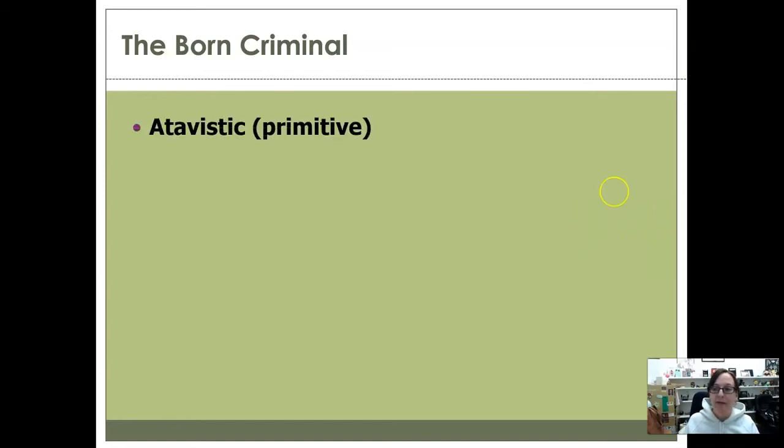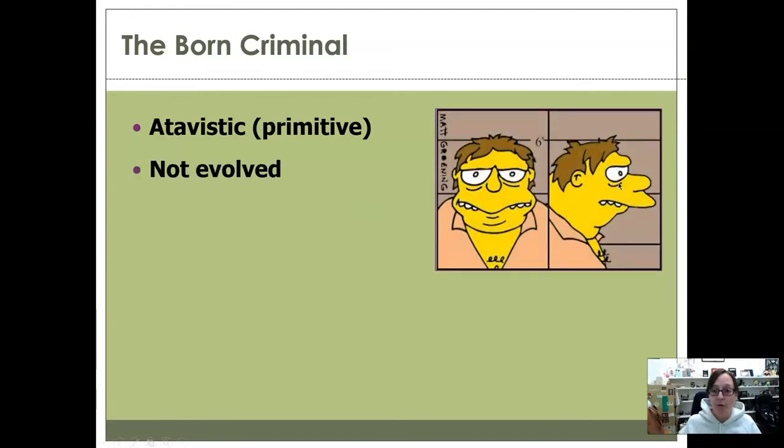And this is where the term atavism comes from, which you may or may not have heard before. He talked about the atavistic man, and that just basically means primitive. These atavistic men, and of course, historically the focus was always only on men, were seen as the serious criminals because they were essentially not evolved.